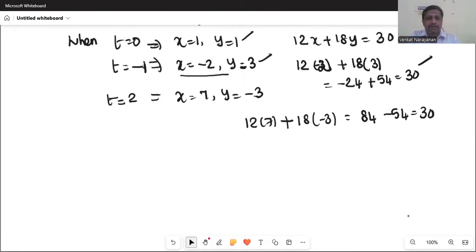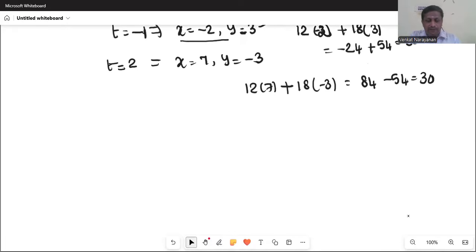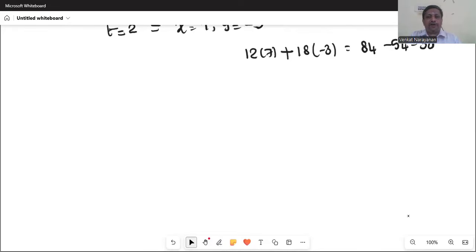I hope you can understand how to solve this linear Diophantine equation. So the solution for the above problem is x equal to 1 plus 3t and y equal to 1 minus 2t.